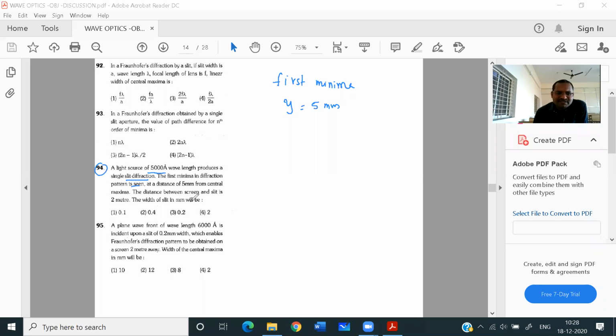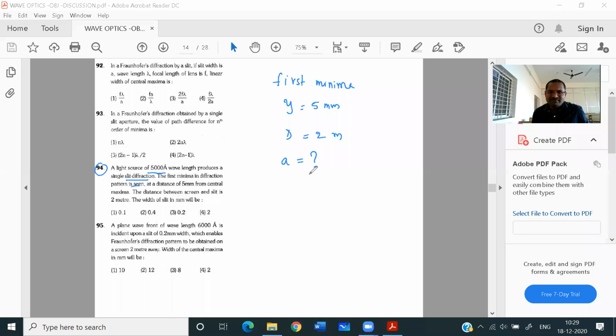The distance between screen and the slit is capital D equal to 2 meters. Now what is the width of the slit in millimeters?